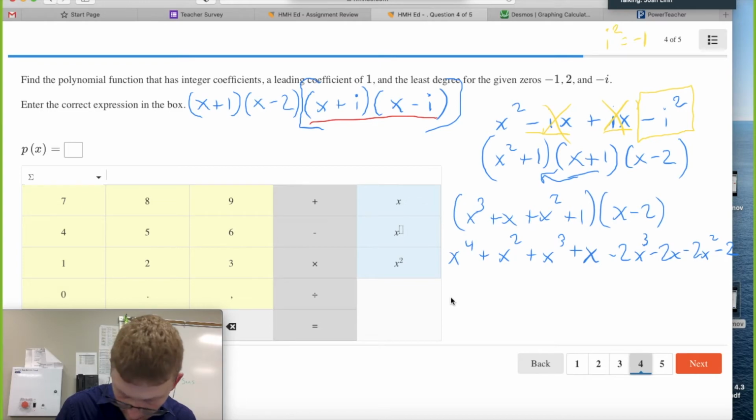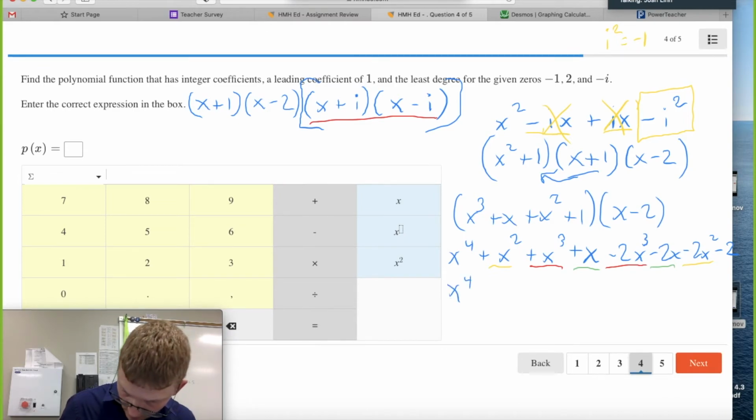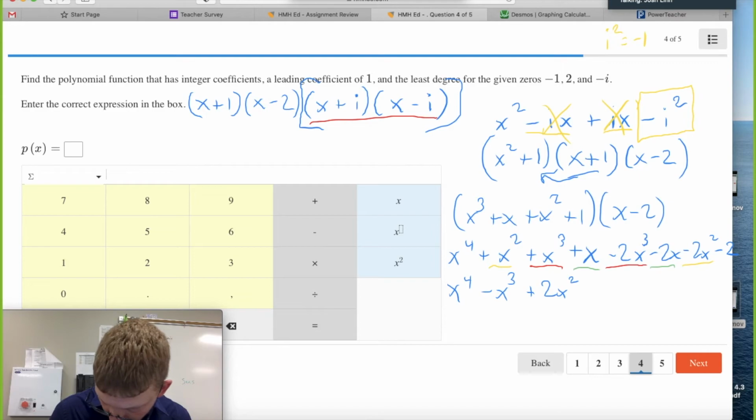We've got cubes, I see squared, squared, and then x, negative 2x, and then there we go. So we've got x to the fourth minus x cubed plus 2x squared, nope, that's wrong.